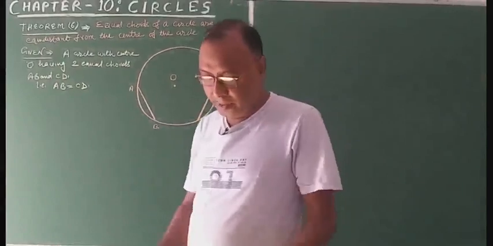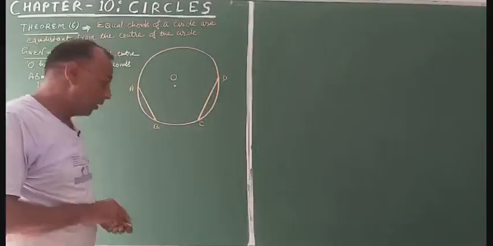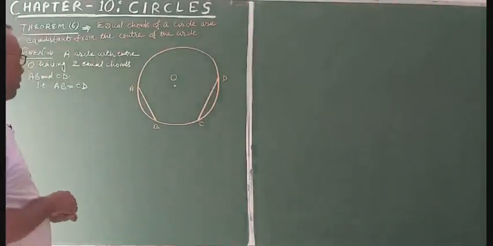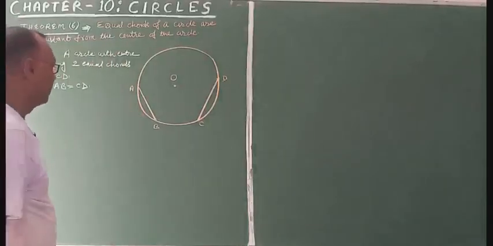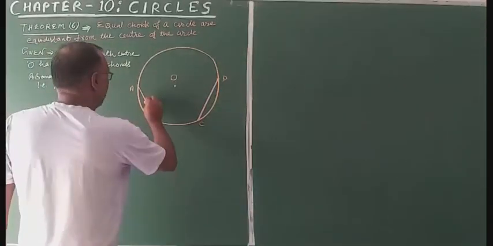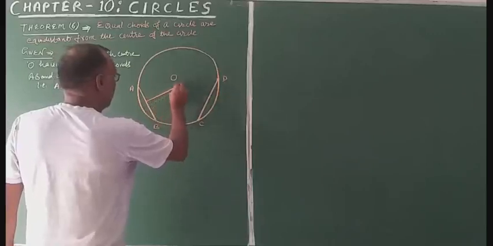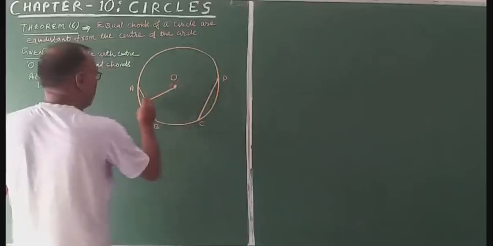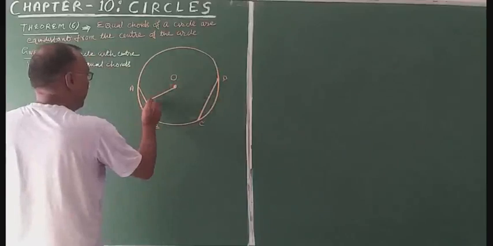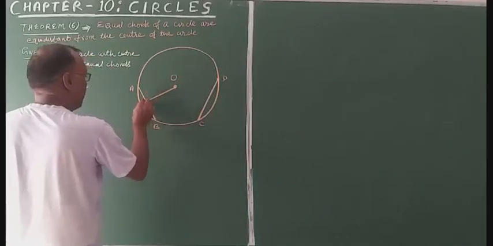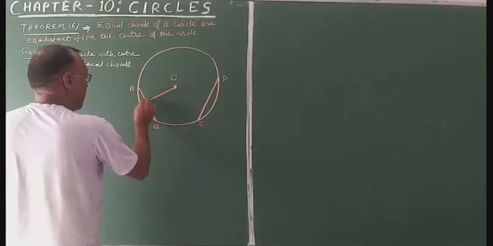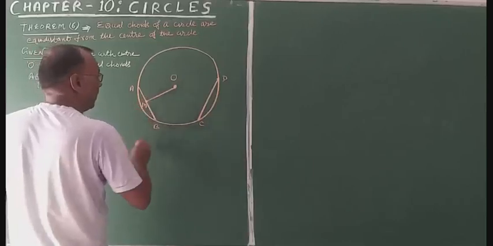Now, first tell me what is the distance of chord AB from the center of circle? This one. Suppose this is OM. Okay.